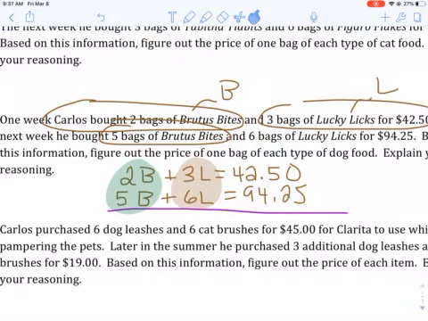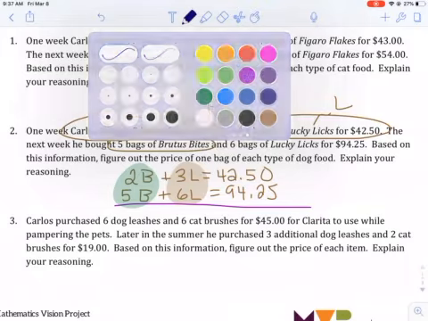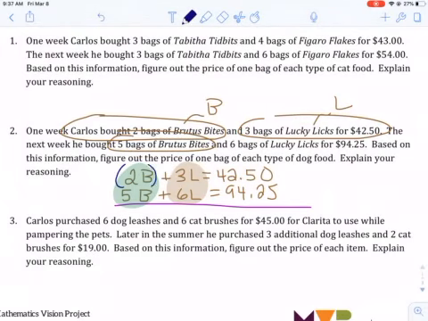However, what I can do is if I multiply this top equation here by 2, now notice I'm going to multiply everything by 2. Watch what happens. I get 4B, I get 6L, which I really like, and then 42.50 times 2 gives me 85.